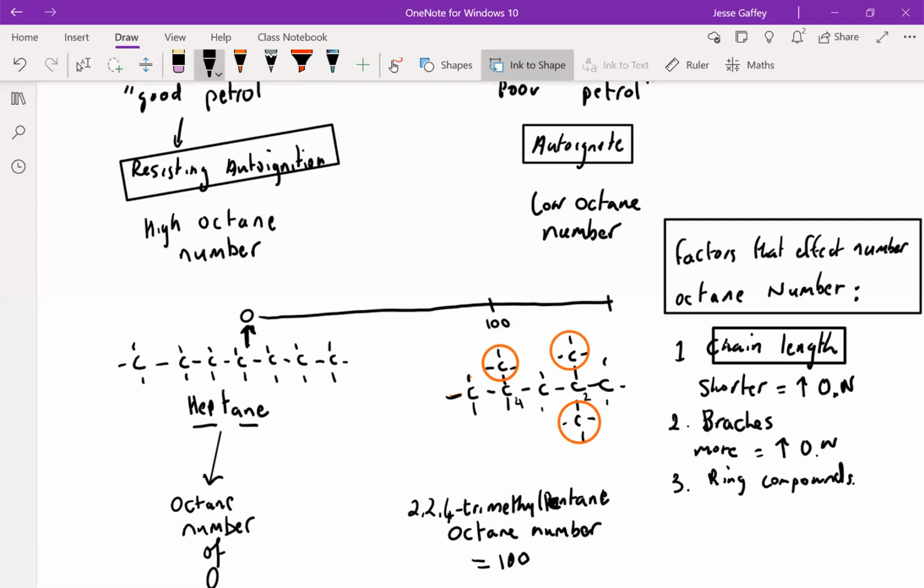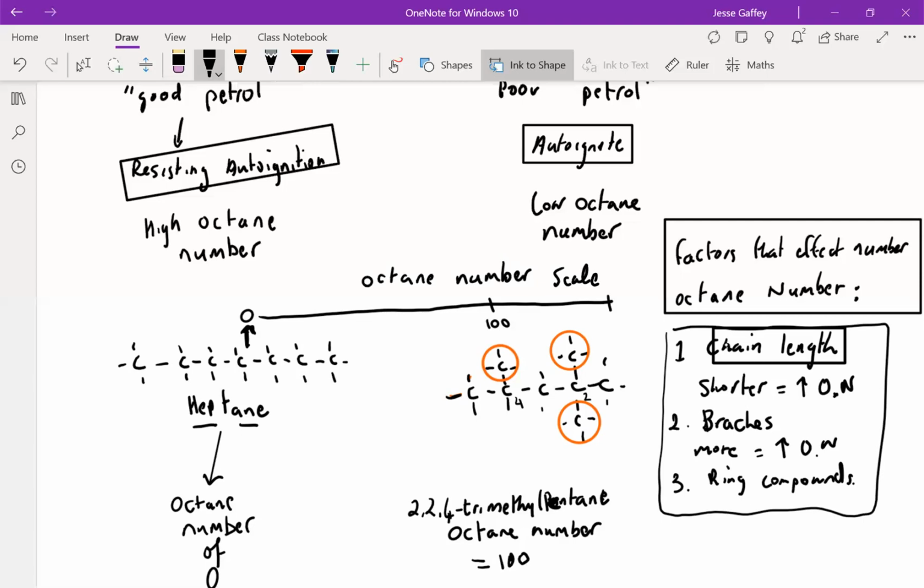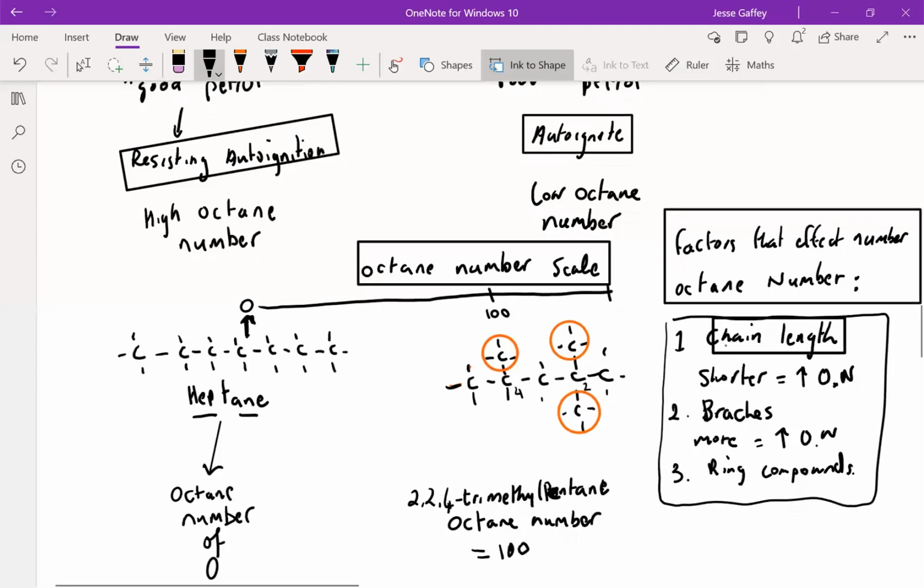Right, so what I want you to do is make sure that you have a record of that there. These are factors which affect octane number. And what I also want you to do is take down this scale. We can call this the octane number scale. It tells us the ability of a substance or a petrol or a fuel to resist knocking or to resist autoignition.